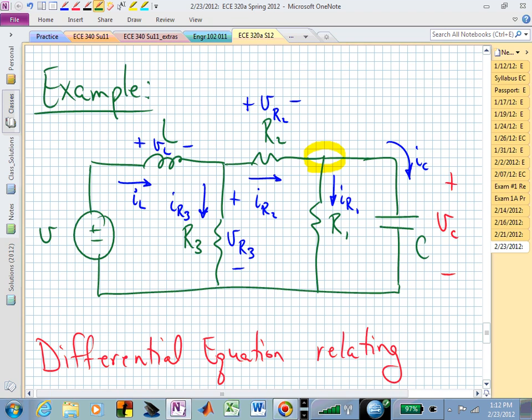Now that I have V sub R sub 2, what do I know? Now I know V sub R sub 3, because it's just V sub R sub 2 plus V sub C by KVL.